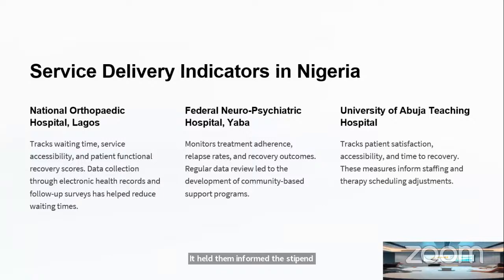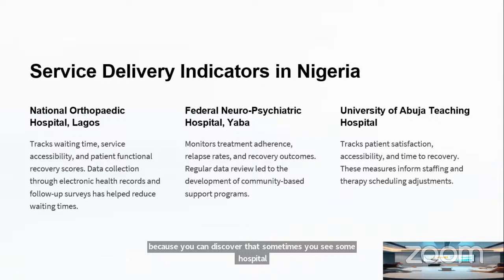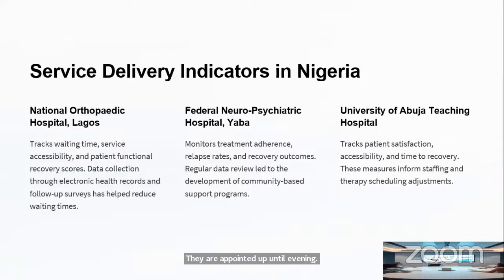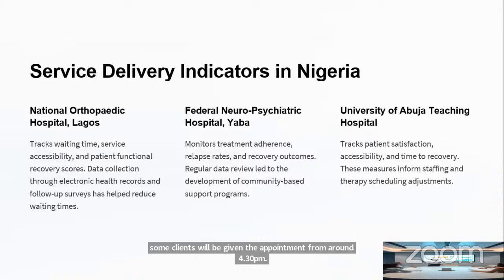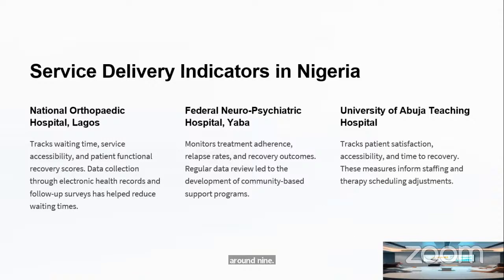Because you can discover that sometimes some hospitals have their appointments up until evening. So some clients will be given their appointment from around 4:30 in the evening, while others are coming around 9, 10, others around 12. So all these are a result of looking at the service delivery indicators and identifying where they need to do what, right?